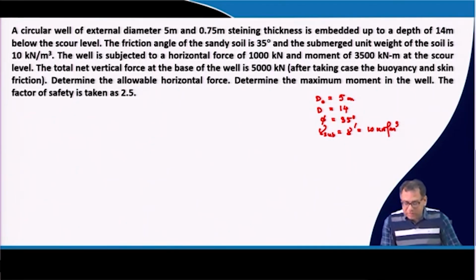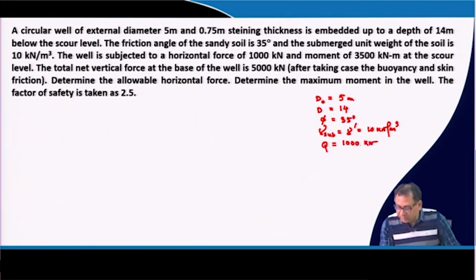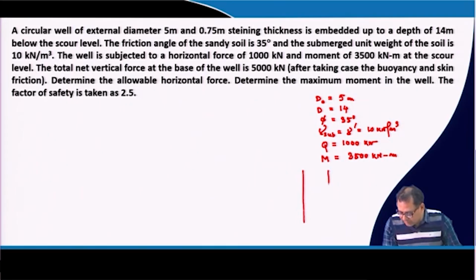The well is subjected to a horizontal force Q of 1000 kilonewton and a moment of 3500 kilonewton meter at the scour level. Both are applied at the scour level. Suppose this is the well, this is the HFL, this is the scour level, and this is the grip length or depth D, which is 14 meter.